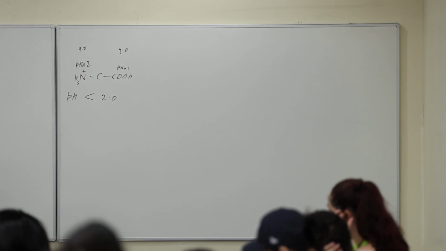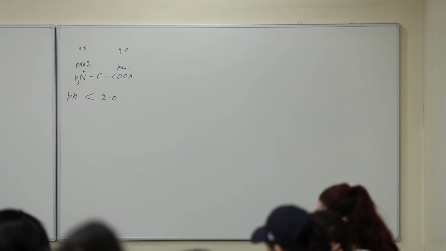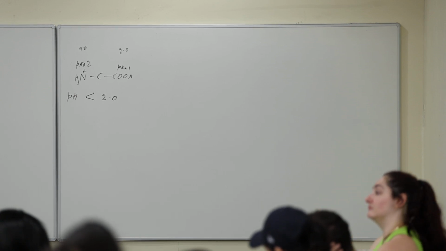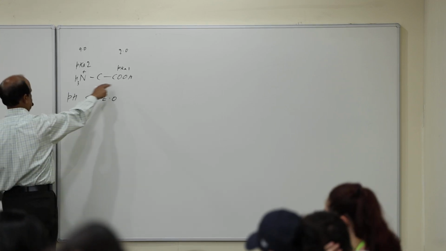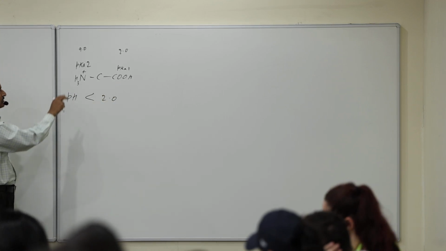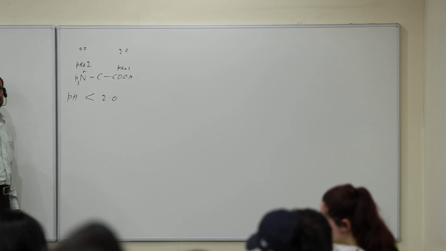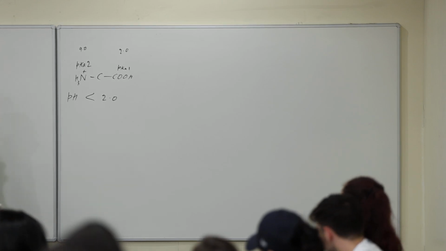So what will be the species at lower than pK? It will add a proton to it, that means it will be protonated. So this will have a proton, and this will also have the proton. It will not ionize. So this is the species at pH less than 2.0.